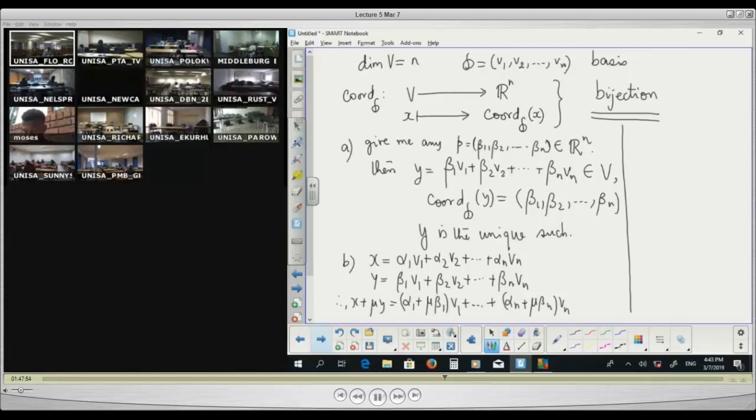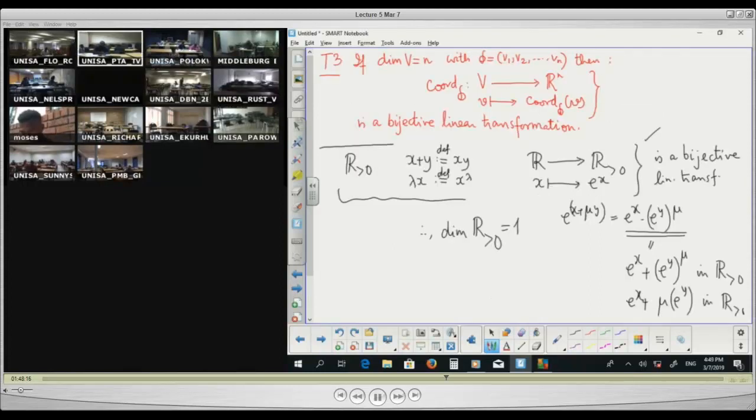But this again is the same thing as e to the power x times the scalar multiple of this. So what's the definition of plus in positive reals? It is actually product. And what's the definition of scalar multiplication?